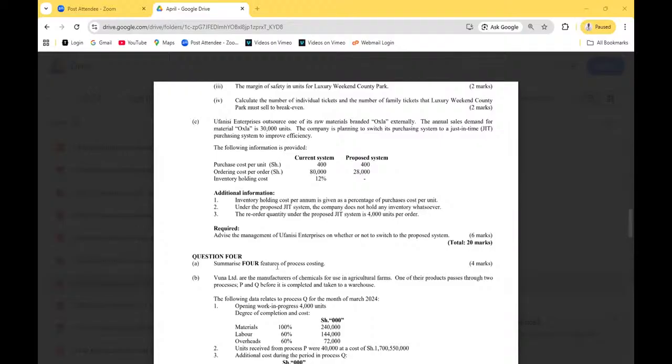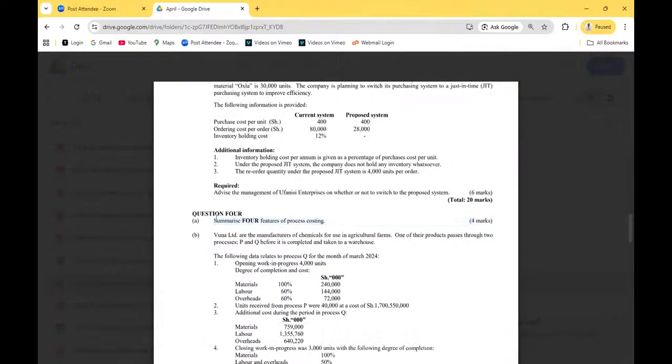Summarize 4 features of process costing. So we did process costing, I think yesterday we did something there. And of course, during our normal class discussion, process costing was also covered. So can you summarize 4 features of process costing?